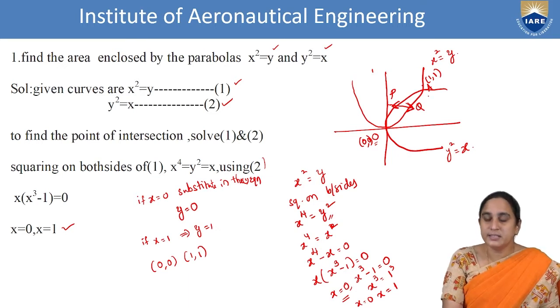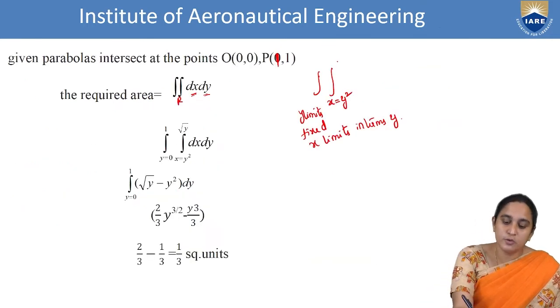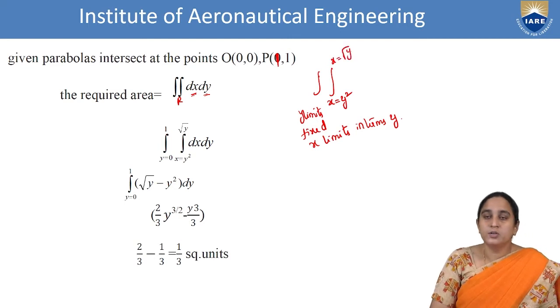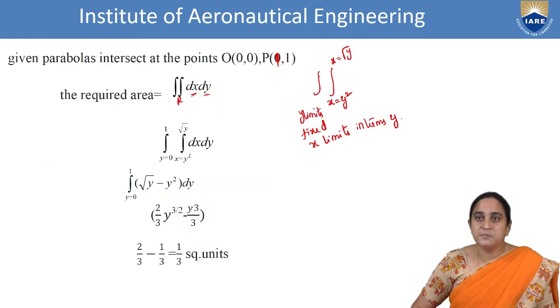From that x is equal to what? Root y. X is equal to root y. Therefore, the x limits are in terms of y. From the horizontal strip, I will take x is equal to y square as the lower limit and the upper limit as x is equal to root y. Okay, x limits are over.